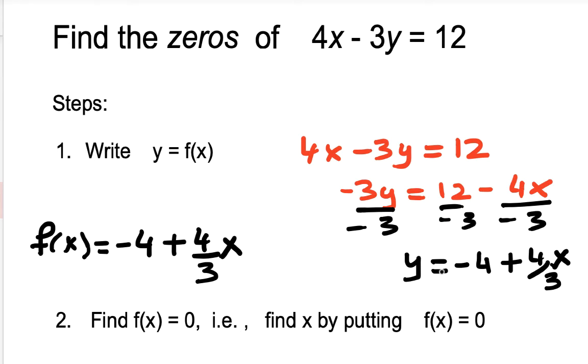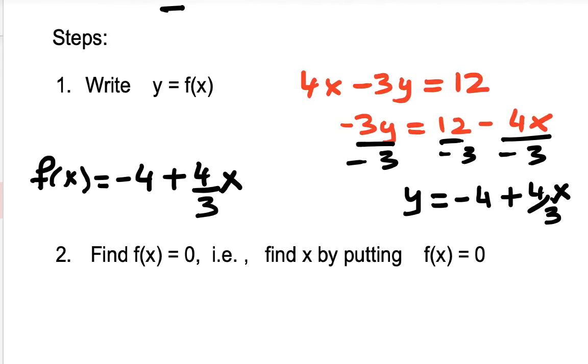Now, remember the question says find the zeros of the equation. So to find the zeros, first of all, we wrote this equation as y equals f(x), which is given by -4 plus 4/3 x. Now to find the zeros, we're going to put f(x) equal to 0, and we solve for x. So let's go ahead.